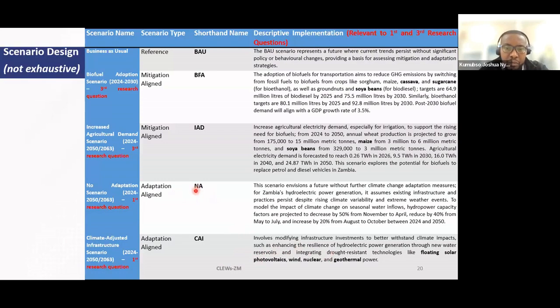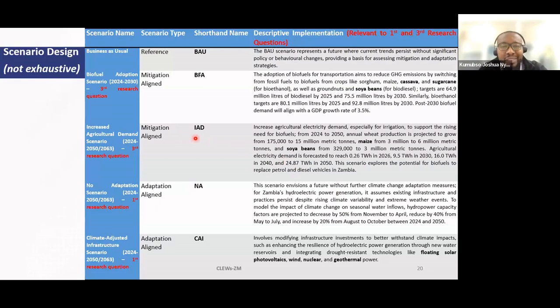And of course, we've got the no adaptation scenario that looks at where we've got further climate change. Hydropower generation is there, but we don't have infrastructure to adapt to that. So you find that the capacity factors reduce, and in so doing, you find that other resources that are readily available, like biomass, tend to be utilized more, which is actually what's happening currently in Zambia.